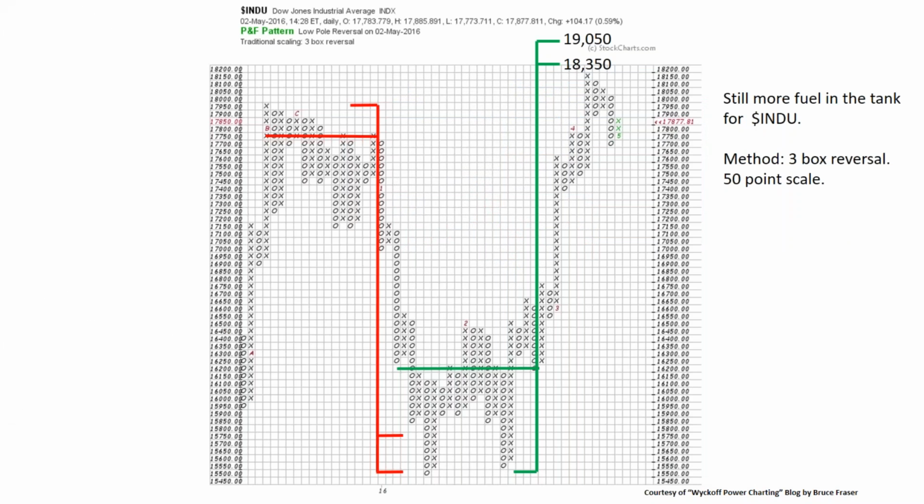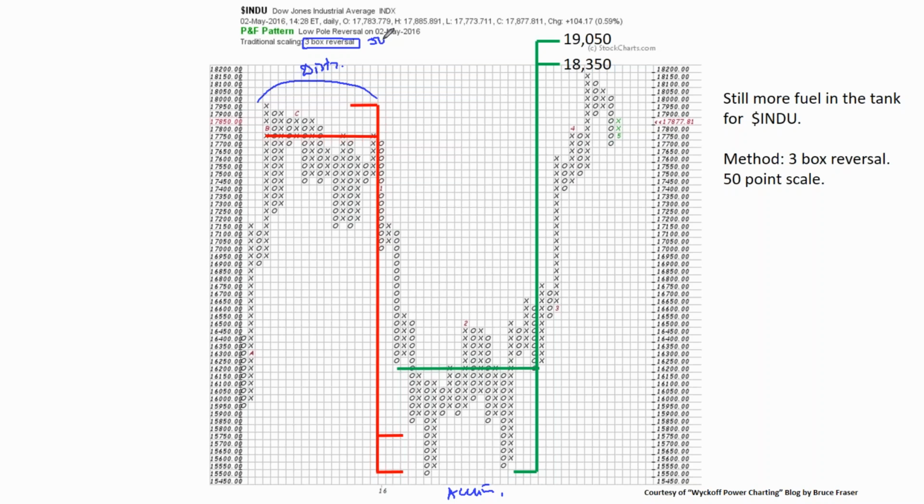But here, this is in my last blog post, and there are two examples here. In late 2015, a distribution is formed, a cause is built. This is a 3-box reversal chart of the Dow Industrials on a 50-point scale.